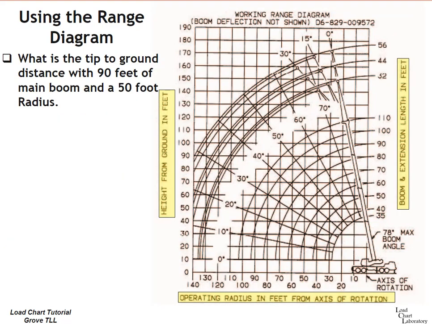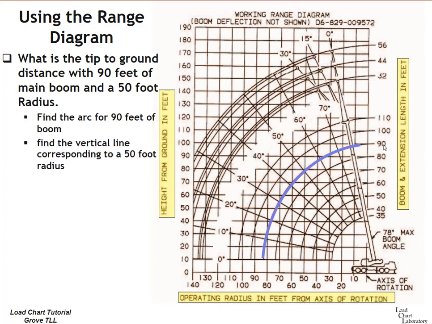Here's an example. I'll show you how I use the range diagram. What is the tip to ground distance with 90 feet of main boom and a 50-foot radius? Find the arc for 90 feet of main boom. Here we've got 90 feet of main boom, and there's an arc that corresponds to 90 feet of main boom.